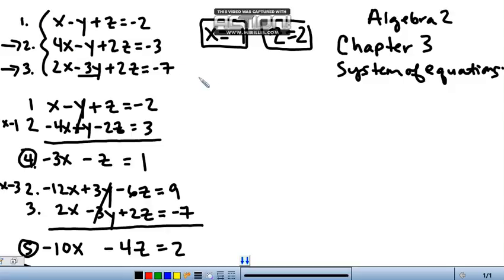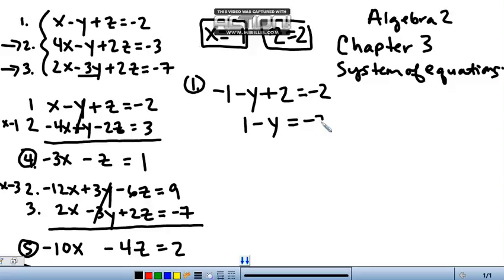Equation 1 would probably be the easiest. So x is negative 1 minus y plus z, which is 2, equals negative 2. We combine like terms: 1 minus y equals negative 2. Subtract 1, so negative y equals negative 3. Divide by negative 1, y equals positive 3.